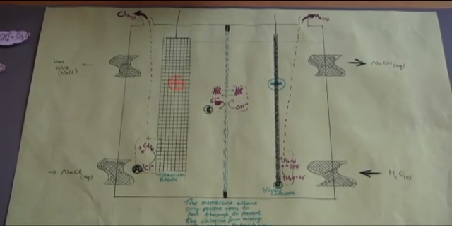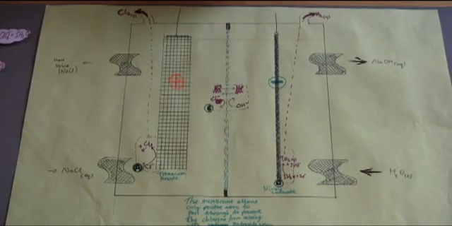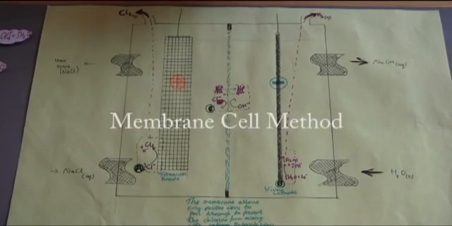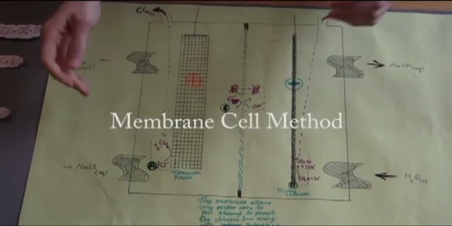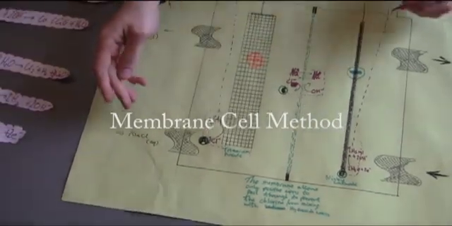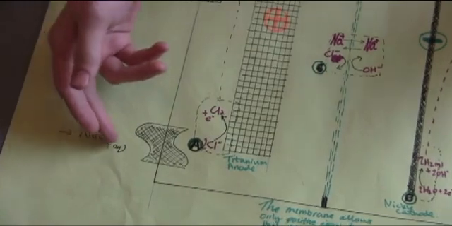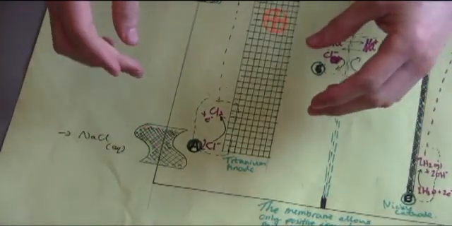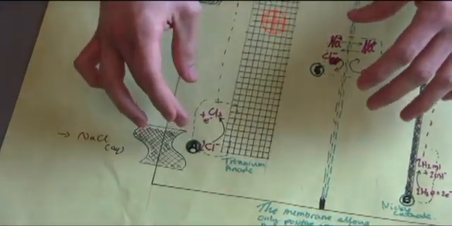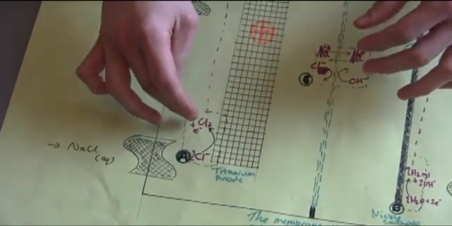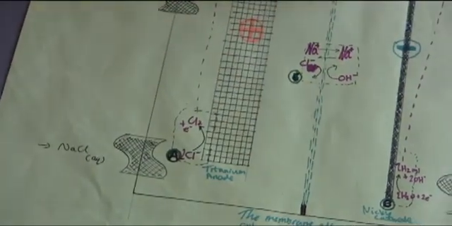Right, so this is the chloroalkali process using the membrane cell method. In this method, we've got the electrolysis of sodium chloride or brine. So aqueous sodium chloride comes through here, and the chloride ions are oxidized to chlorine gas by the anode.